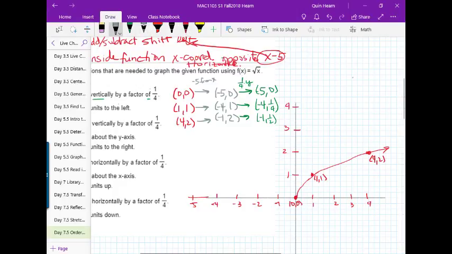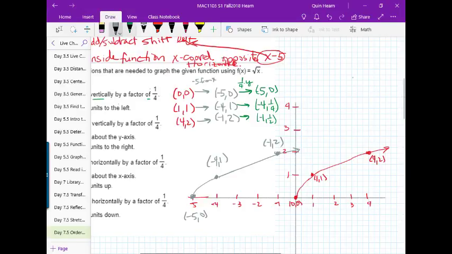So first we shifted to the left 5 units. So it goes through (-5, 0), goes through (-4, 1), and it goes through (-1, 2). Okay, so it's the same shape, just shifted to the left 5 units. All right, but then we had to compress it vertically.